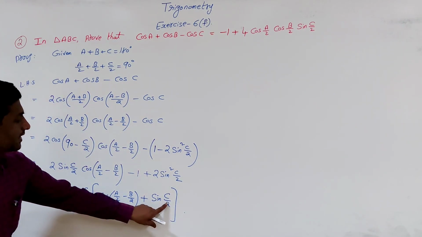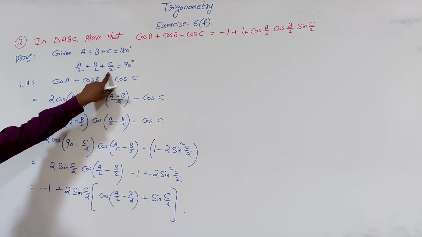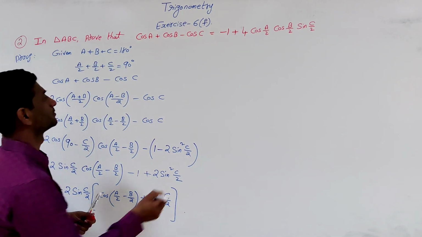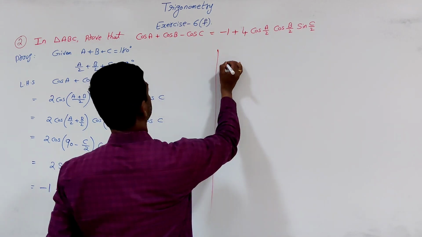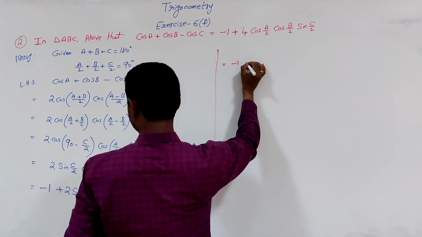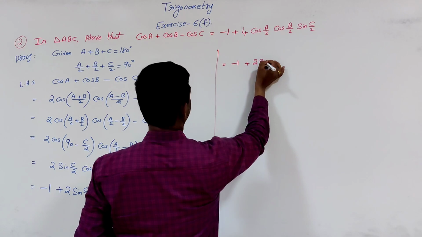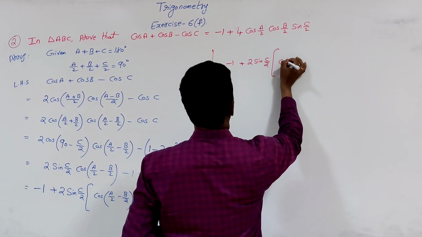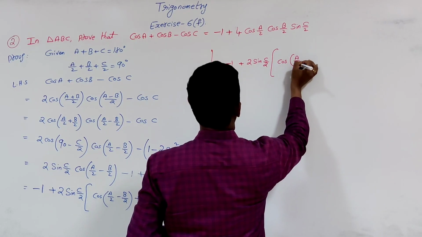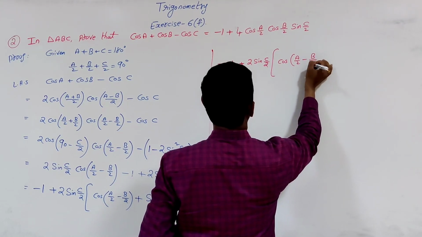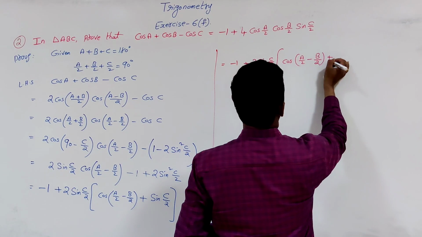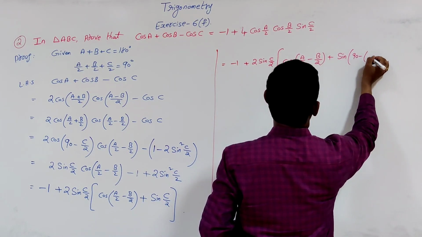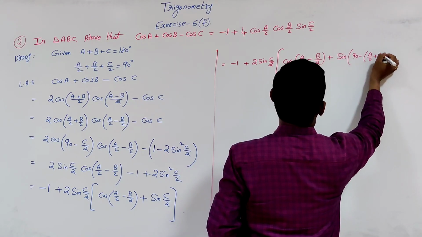Next, this C by 2 can be written as 90 minus A by 2 minus B by 2. We'll put it: minus 1 plus 2 sin C by 2 of cos of A by 2 minus B by 2 plus sin of 90 minus of A by 2 plus B by 2.